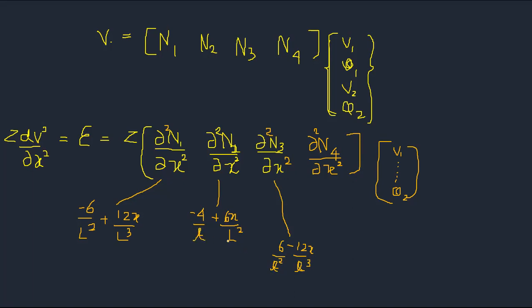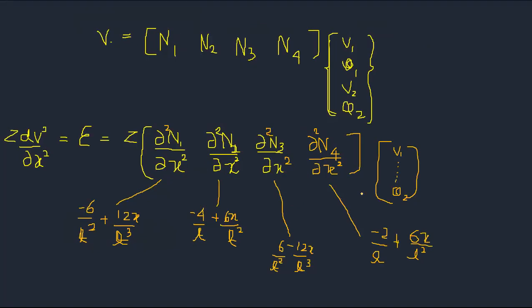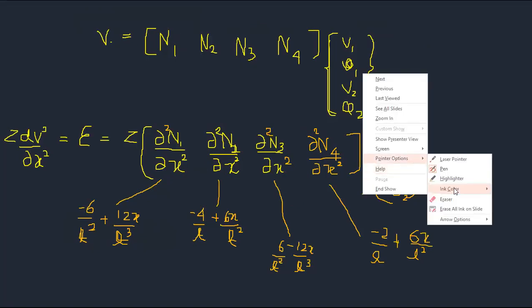So I wrote it as simple L everywhere. From that you can obtain, if you know the displacement, the other term is exactly B. So that means you know the displacement.